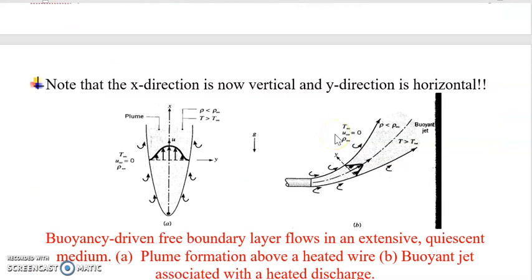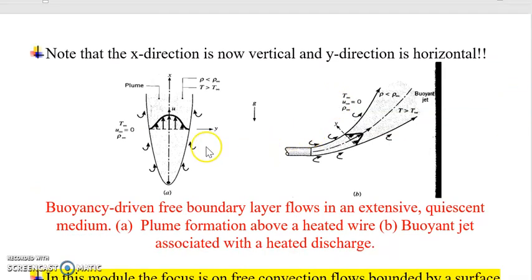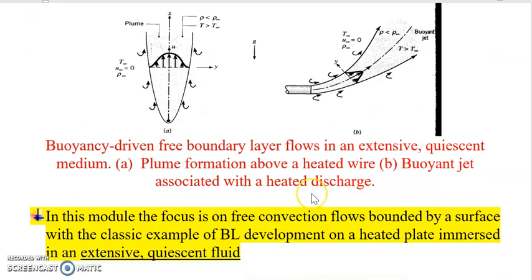or lake. Now, schematically, the plume and the jet are shown here, where we have a heated discharge. Note here that the x direction is vertical now. In natural convection, x is vertical and y is horizontal.